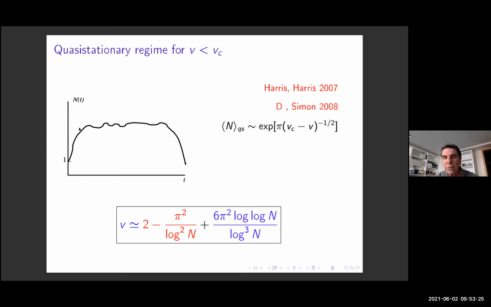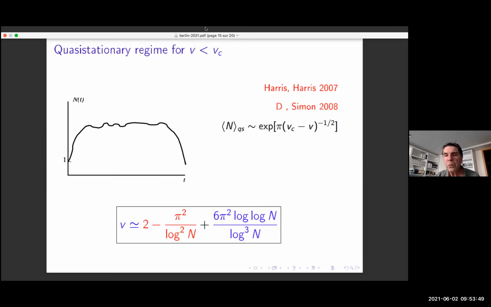So you have a kind of stationary regime here, and at the end it comes to 1. And one can estimate that the number of particles in this regime behaves like exponential pi over square root of v critical minus v. V critical would be 2 in the case of a branching Brownian motion.